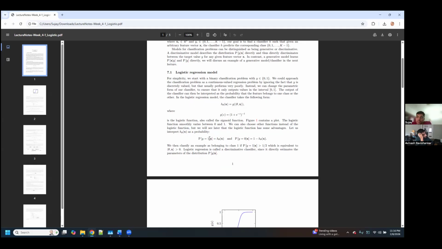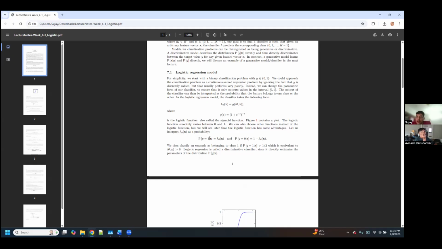In practice, this 50% may not be exactly 50%. You can put it somewhere else, and the reason is that there is a type 1, type 2 error kind of thing here. Calling a cat a dog versus calling a dog a cat need not be equally problematic.